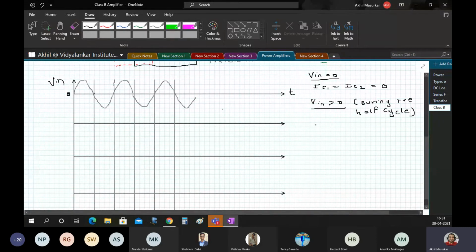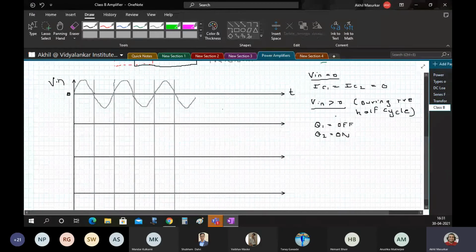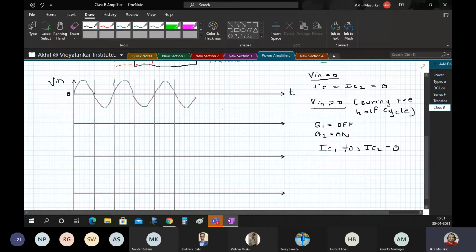Point to be noted, Q1 is on and Q2 is off. Therefore, the collector current IC1 flows from VCC, so IC1 not equal to 0 and IC2 is equal to 0.